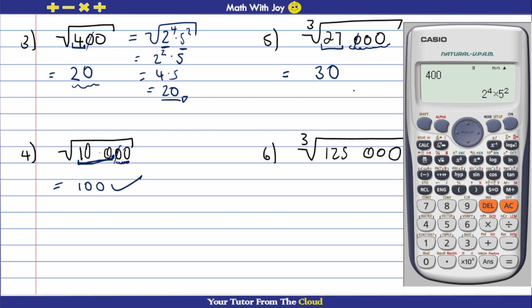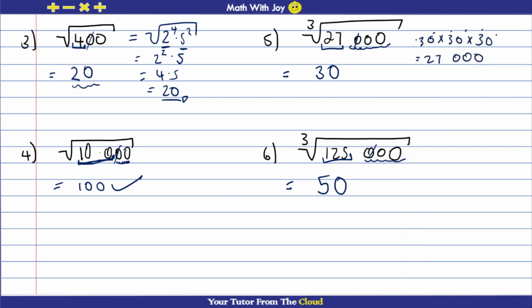And then over here, we know what the cube root of 125 is. It is 5. And if you've got these 3 zeros here, you have to take out one of them, and this becomes 50, because 50 times 50 times 50 is 125,000. Right, so that's how you can deal with these problems, guys. It's very important that you see how to deal with those problems.